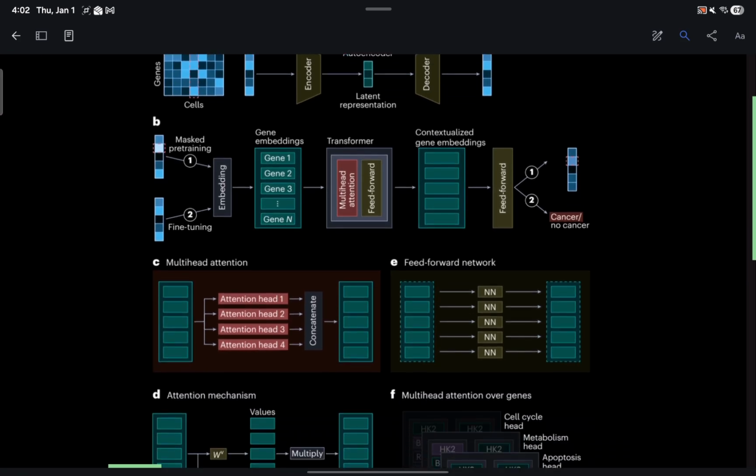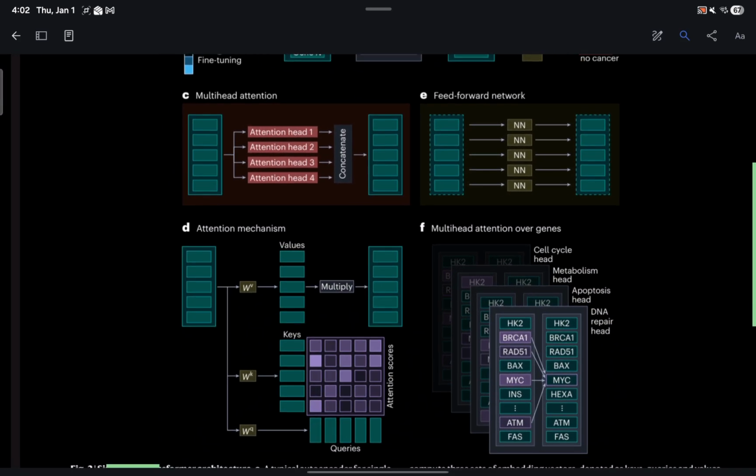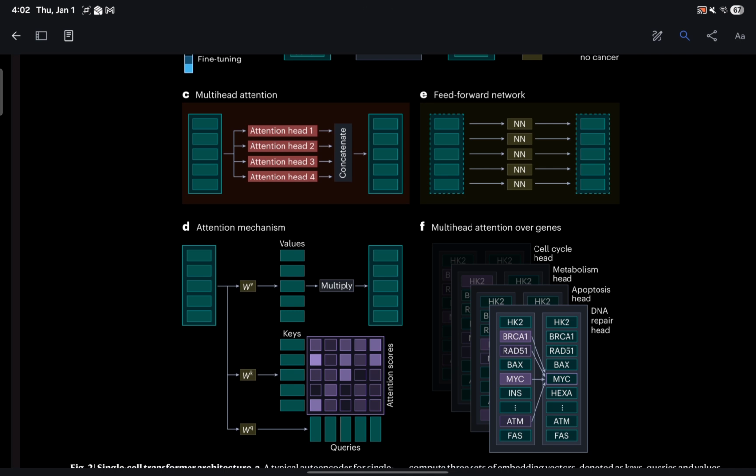Right, then you have your transformer architecture, which has the multi-head attention, where you have your embedding here, multiply it by 3 different randomly initiated weights, to make 3 different embeddings, one as V or values, one as key, and one as query.